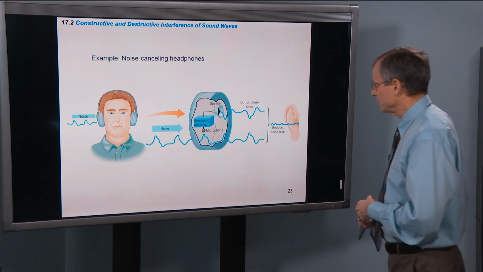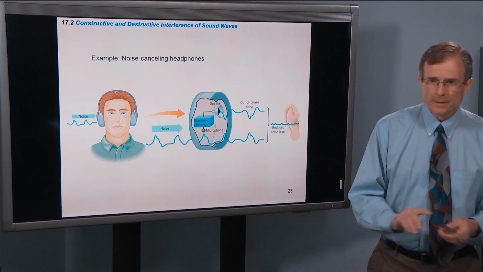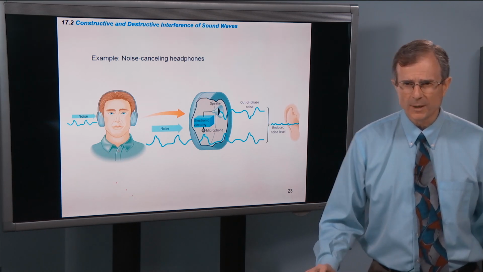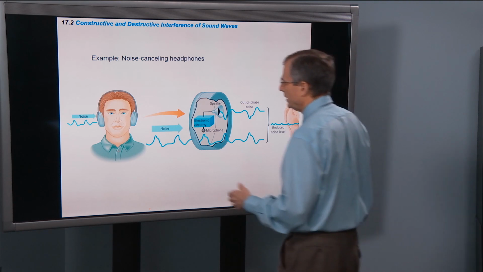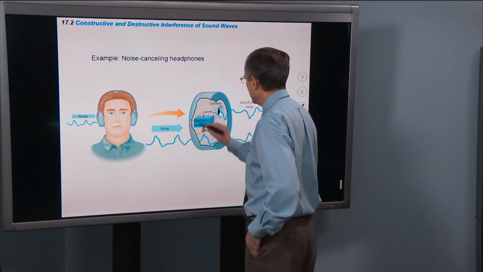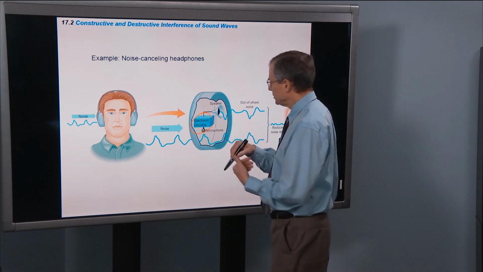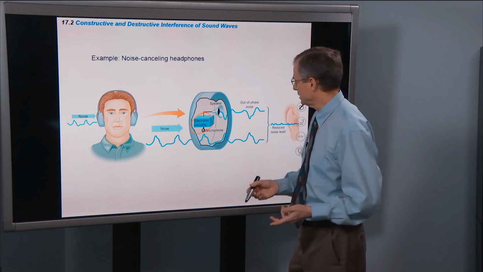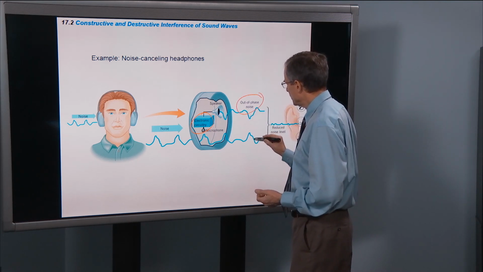Noise-canceling headphones use destructive interference. Some noise comes into the headphones, they use these in big fighter jets, etc. Noise comes in, is detected by a microphone, and then some electronic circuitry produces a sound that's exactly out of phase, or at least approximately so, to the original noise.